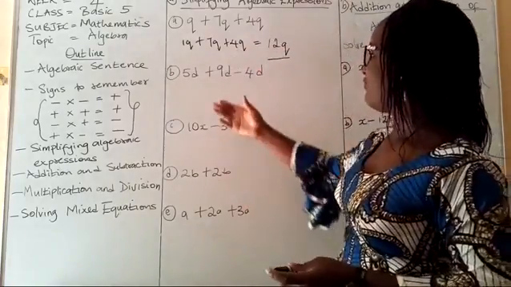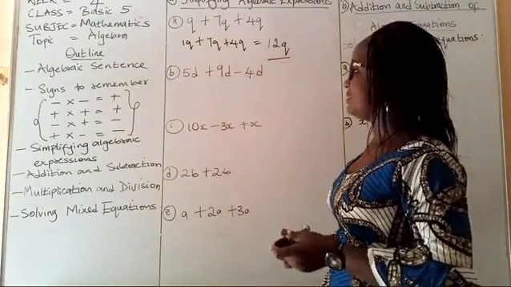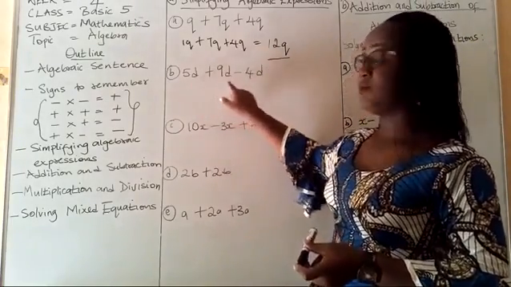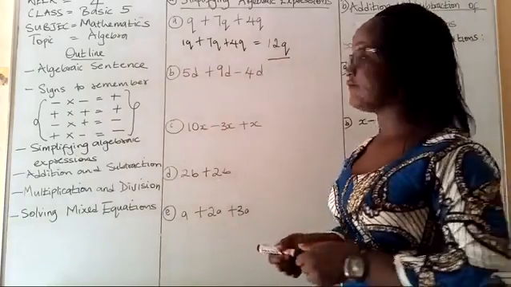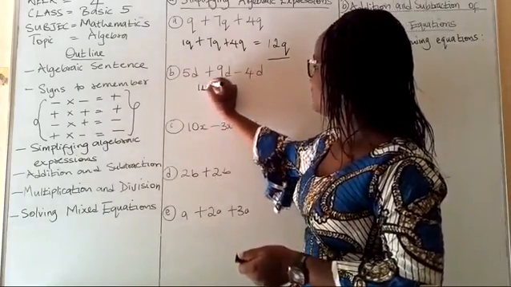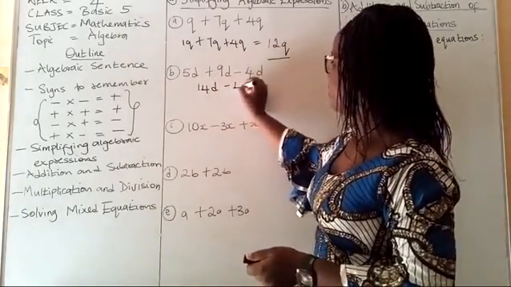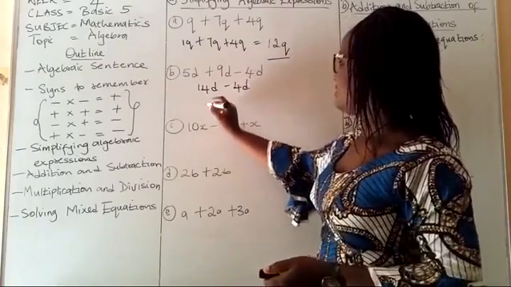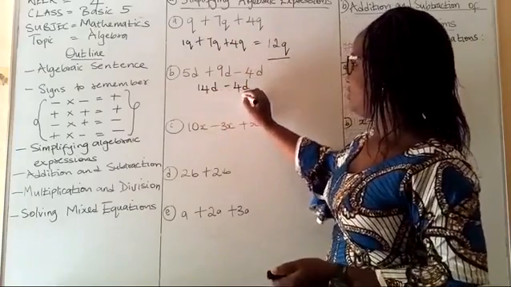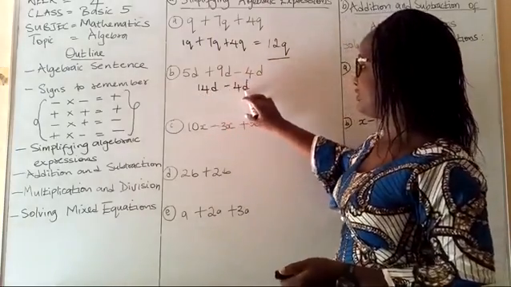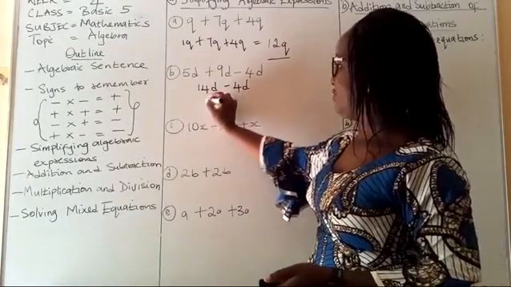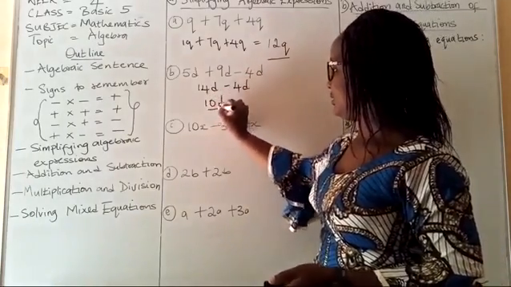Over here we have 5d plus 9d. That will give you 14d minus 4d. So the next step, we now have 14d minus 4d, and you have 10d.